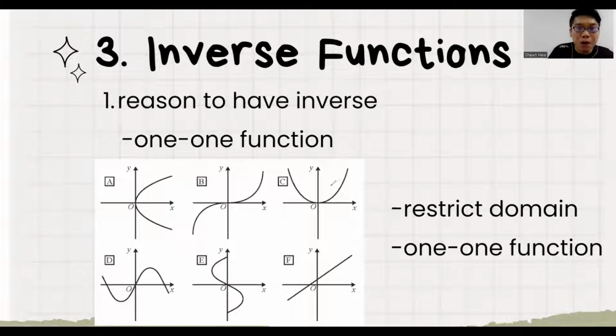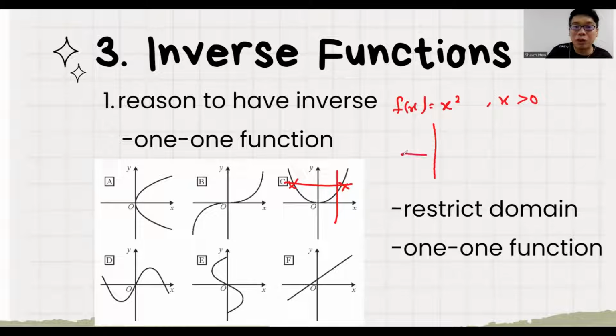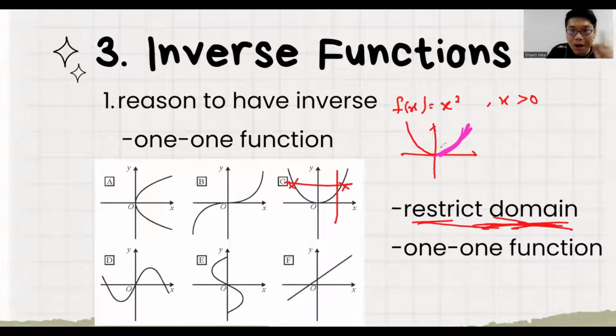Okay, so we already know a quadratic is usually a function that doesn't have an inverse. But why do many questions ask you to find the inverse function for this? Why can a quadratic that usually doesn't have an inverse have one? If we make some changes and restrict the domain, meaning instead of the whole U shape, I only want the part where x is more than 0, we want one of the parts, not both.